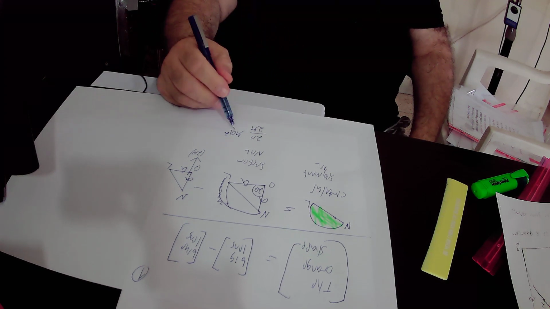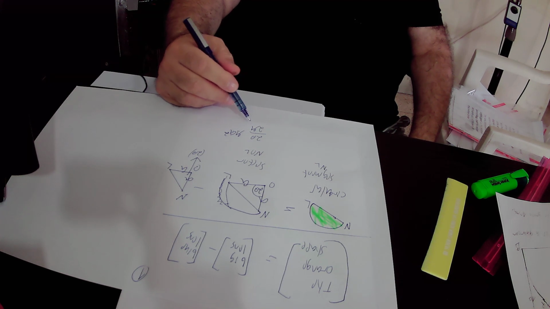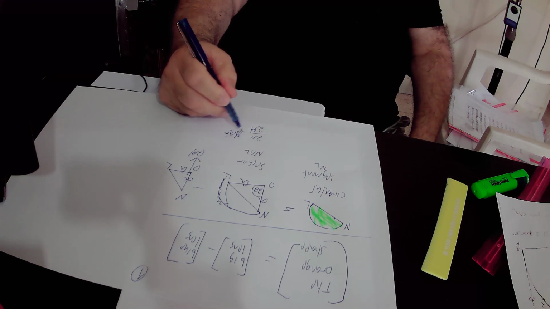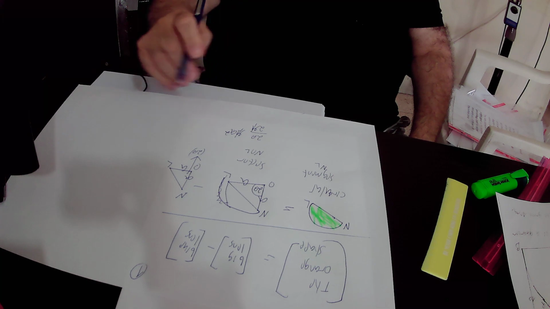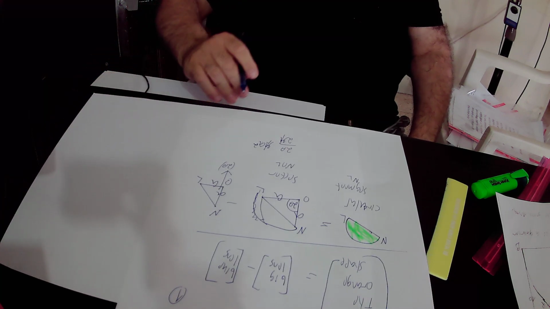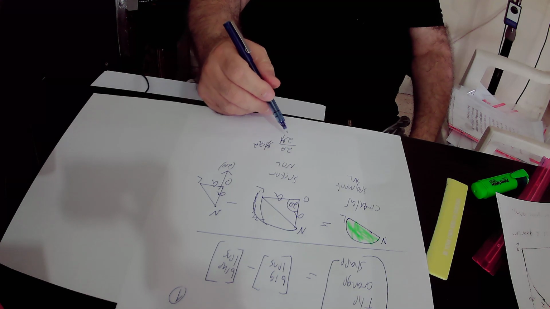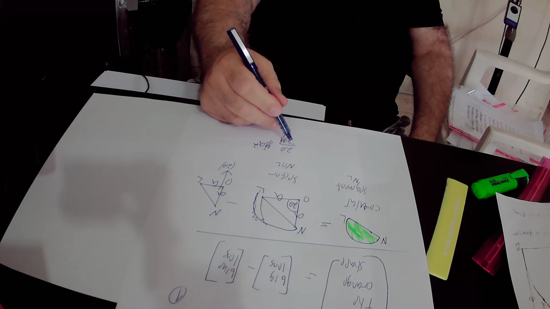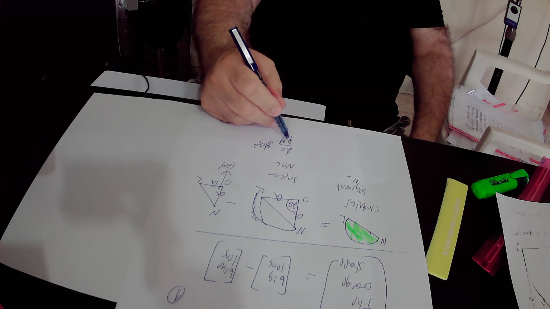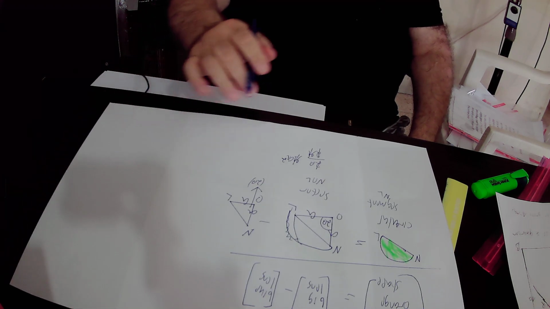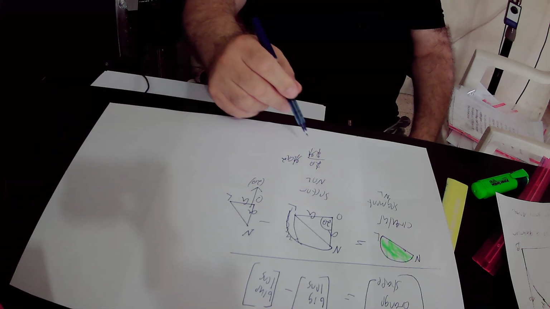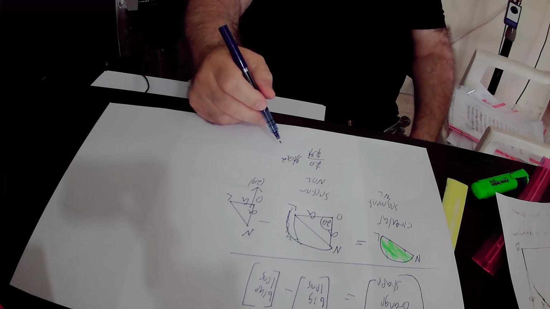So here we have pi in the numerator and pi in the denominator, so pi gets cancelled. We have 2 in the numerator and 2 in the denominator, so 2 also gets cancelled. So in conclusion, the area of sector NOL equals theta A squared.